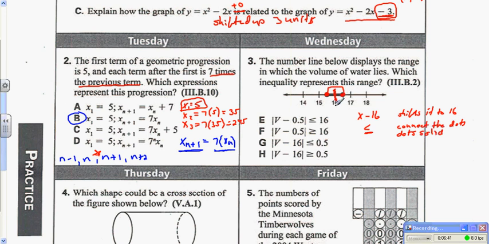So if this is 16 and this is 17, then this must be 16.5. And this one must be 15.5. So it's telling us it goes 0.5 to the right and 0.5 to the left. So 0.5 is the distance from the center. Okay, so the one that best fits all those would be G.